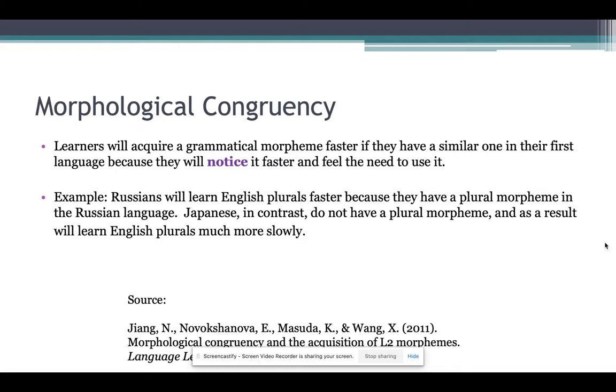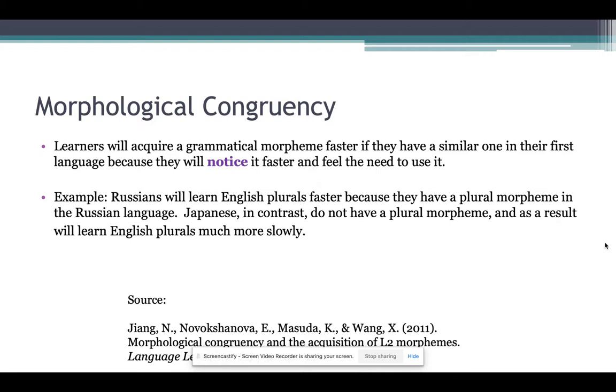One theory that attempts to explain this decision to transfer or not transfer a form is the morphological congruency hypothesis. This hypothesis proposes that learners feel the need to find and use L2 forms that are similar to the forms they have in their L1.